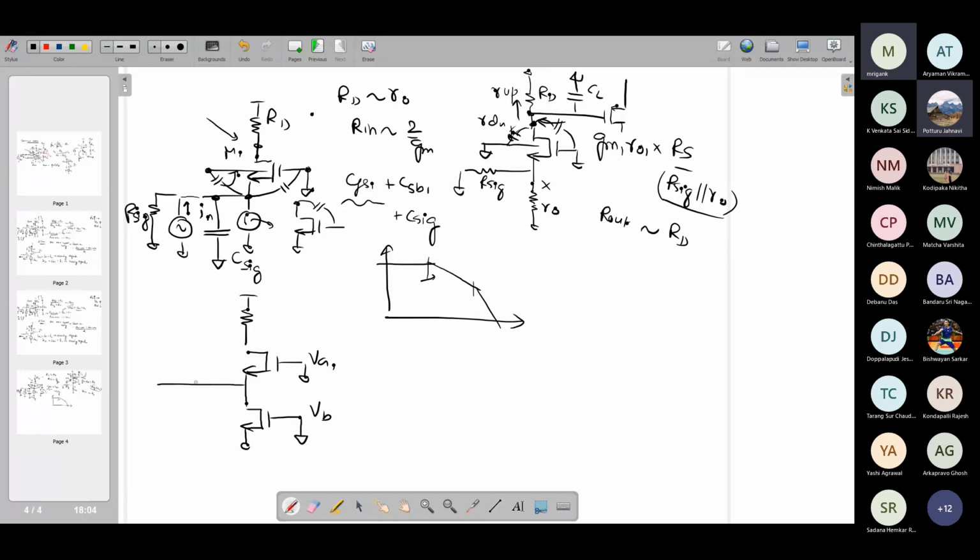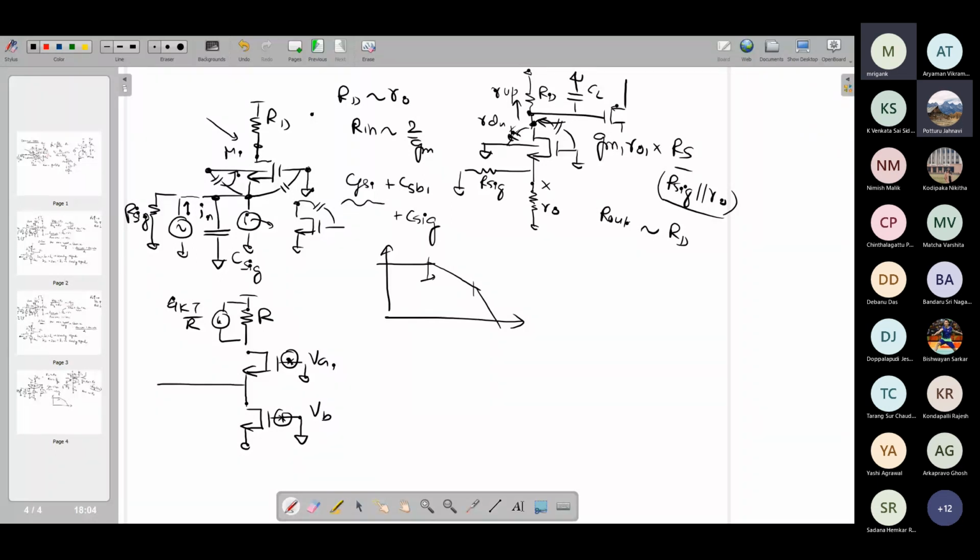So I can put the noise contribution of these MOSFETs at their gates, and I can put the noise contribution of the resistor R, 4kT upon R, the equivalent noise spectral density.